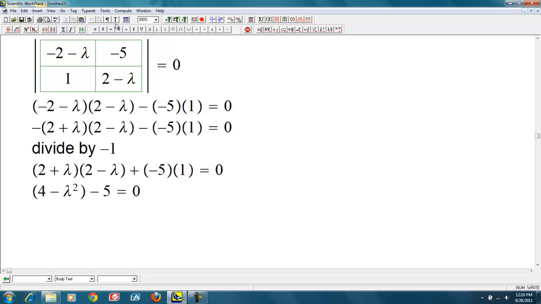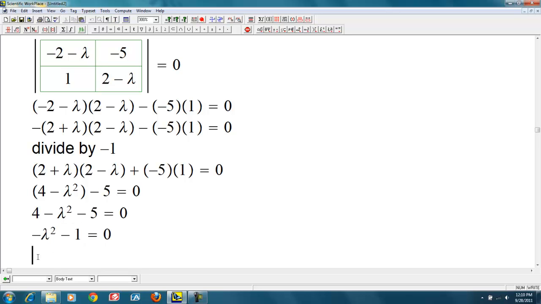So we get, here we go. Like that, right? And then this will be what? 4 minus 5 would be simply negative 1, right? We divide by negative 1 again.